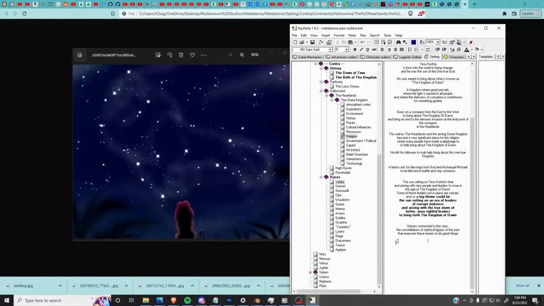And of course, you only see the stars at night. So this idea of darkness, of the sun setting, these stars, these constellations, these mythical figures of the past could be lights of hope in the darkness to bring forth the dawn, and the dawn's light in the kingdom of dawn. So we're definitely going to note that.